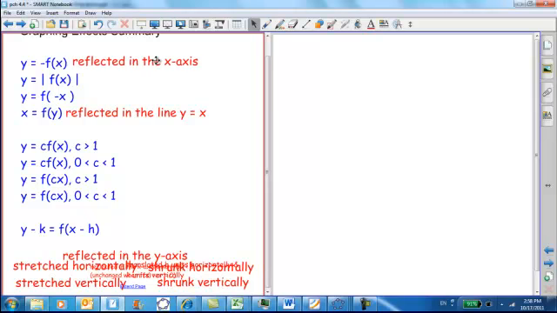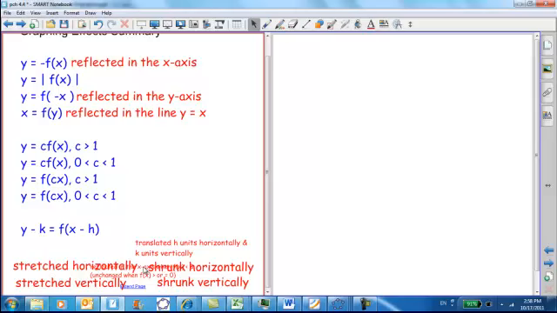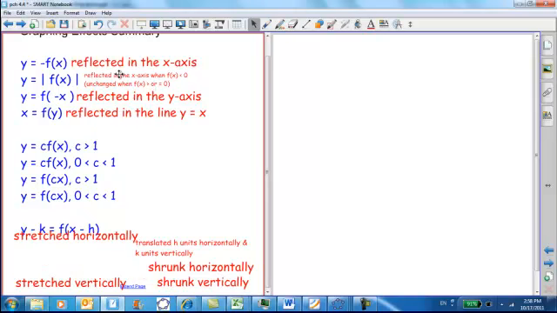Y equals negative f of x reflects it in the x-axis because you're actually changing the y's. Reflecting in the y-axis is f of negative x. And here in the fine print is that absolute value of f of x we talked about. We reflect in the x-axis when f of x is less than 0. That's basically this transformation.